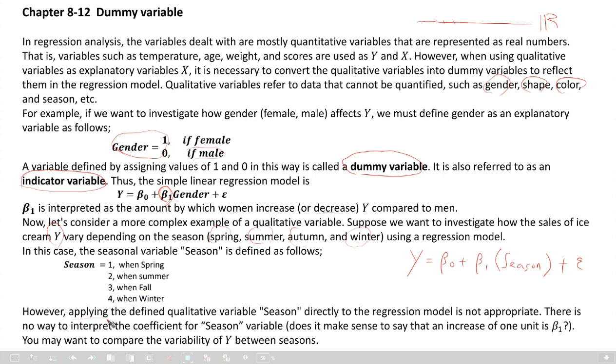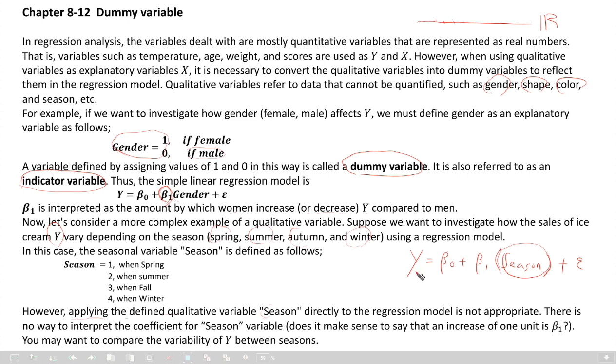However, applying the defined qualitative variable season directly to the regression model is not appropriate because the unit change of season is 1, right? It will take 1, 2, 3, 4.